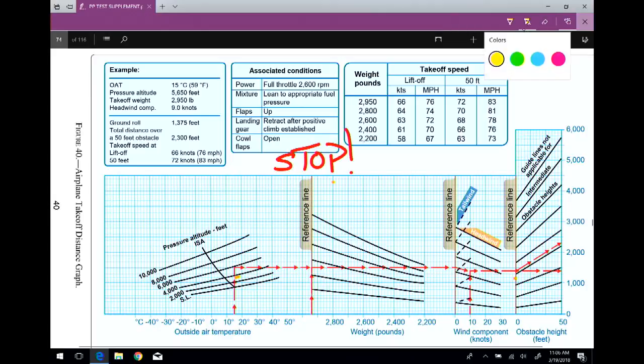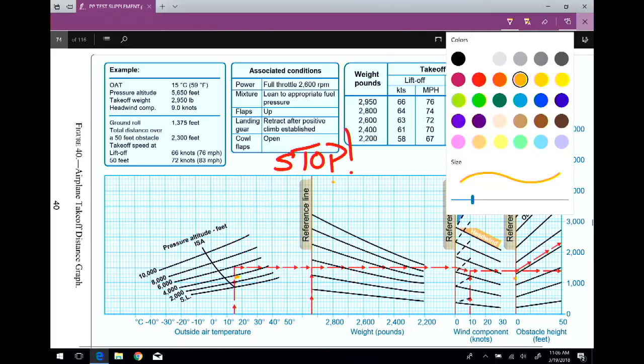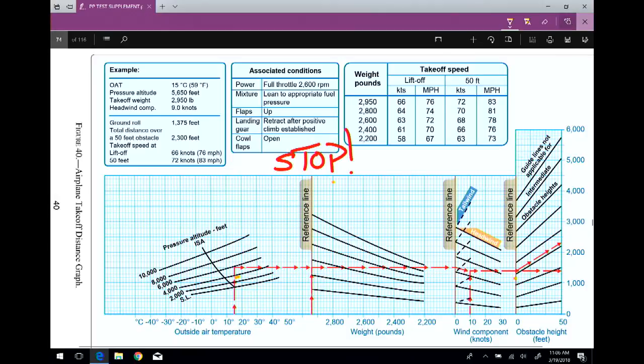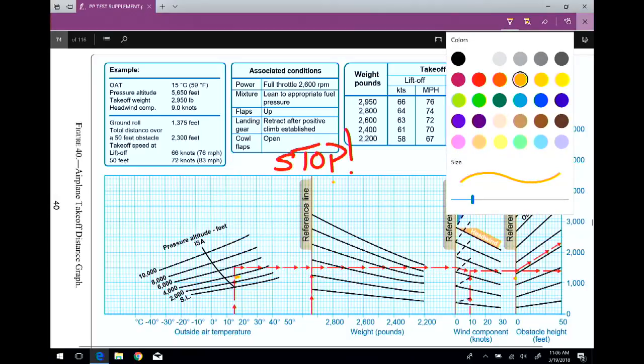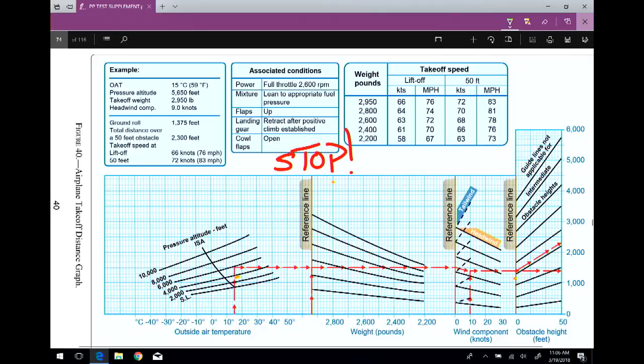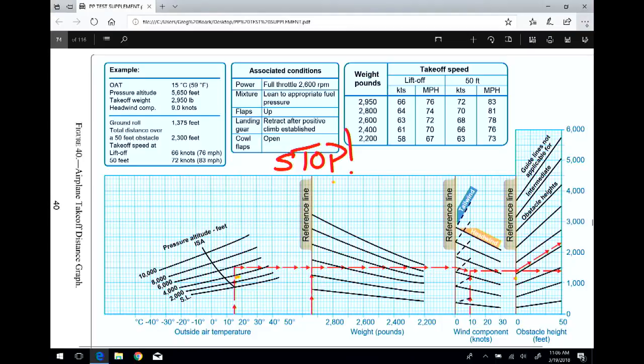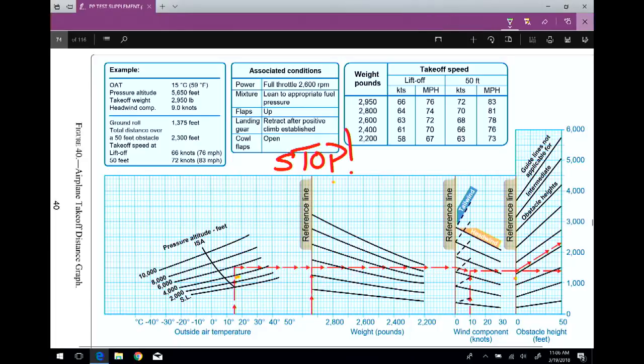Is there an obstacle? What did I say? 50 foot? Yes. Okay, I was just guessing. Well, since I can't seem to clear that, I know how I can do it. Maybe. No, maybe not.